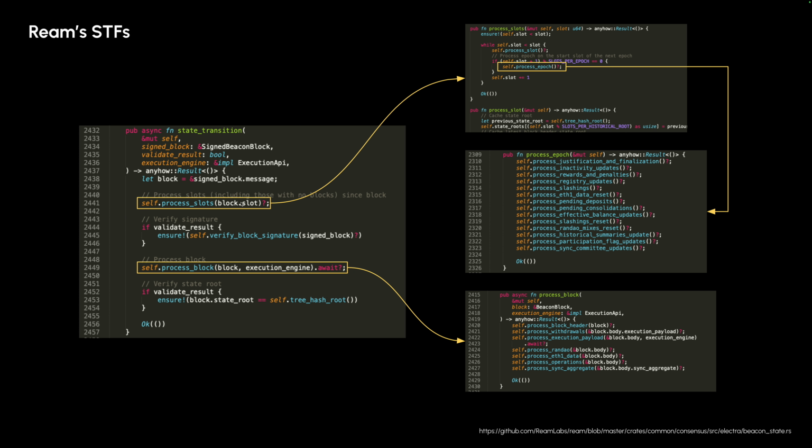These are the main three groups of operations that happen when you transition a state from one block to another. Process slots, and then in each slot, if the slot gets to the start of the epoch, then process epoch gets run. You can see that there are a lot of operations within the block. For example, process block processes the block header, withdrawals, the execution payload, the randao, sync aggregate, and so on.